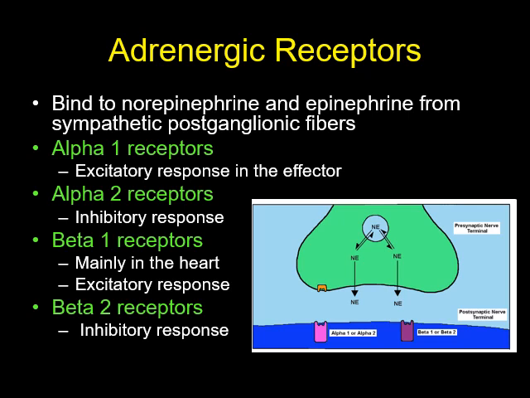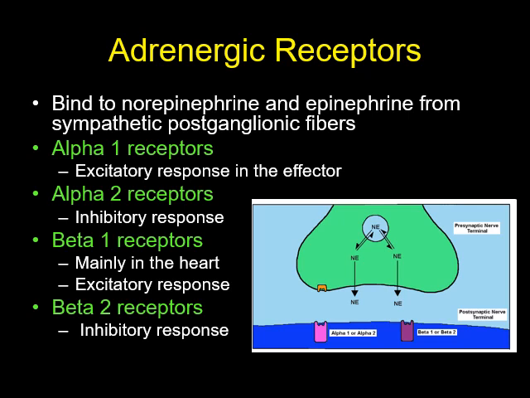Adrenergic receptors bind to norepinephrine or noradrenaline, as well as epinephrine/adrenaline, released from sympathetic postganglionic nerve fibers. Alpha-1 adrenergic receptors have an excitatory response in the effector organ, whereas alpha-2 receptors mediate an inhibitory response.